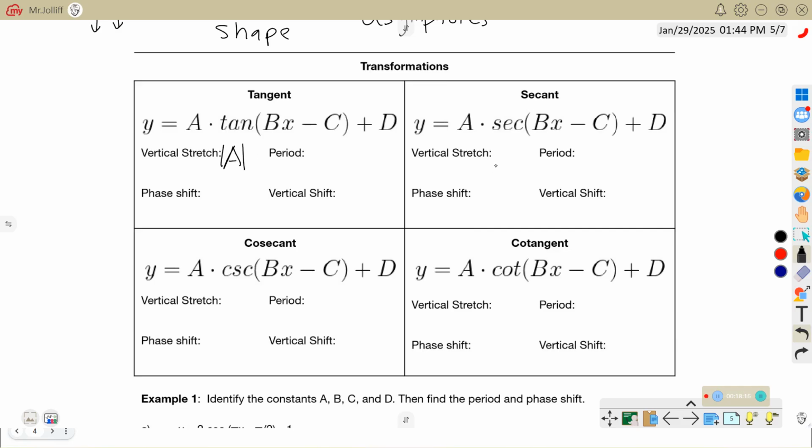But it's that same number in front, A, that's doing the vertical stretch.